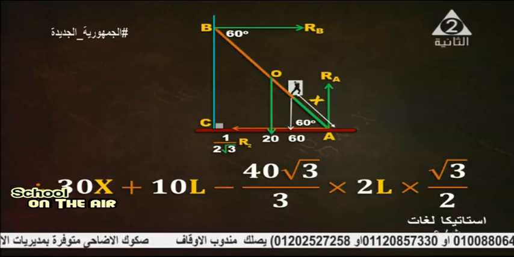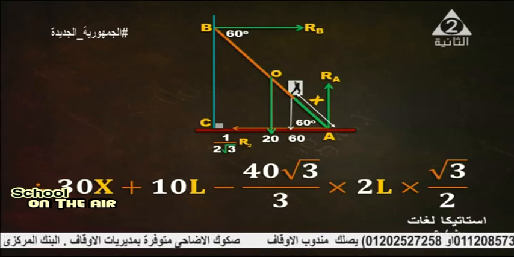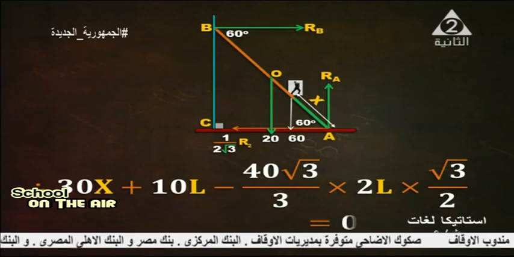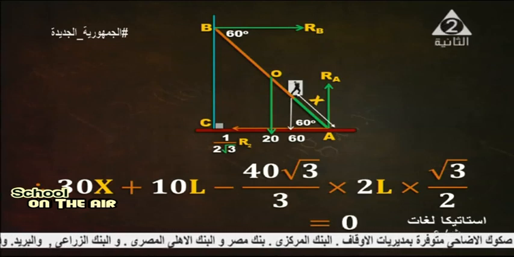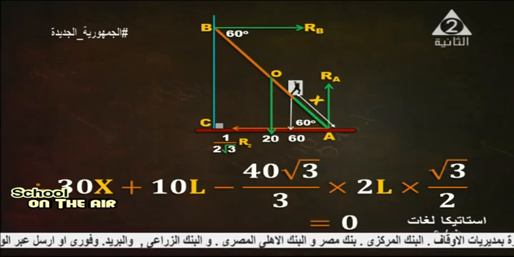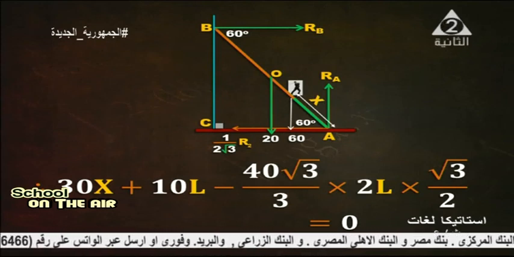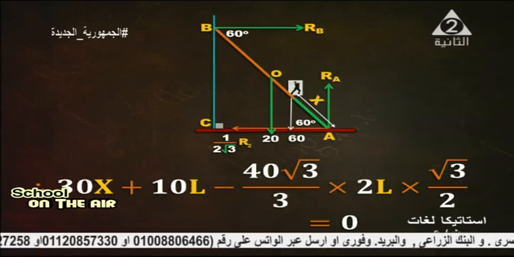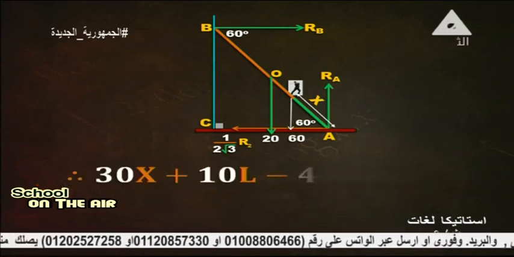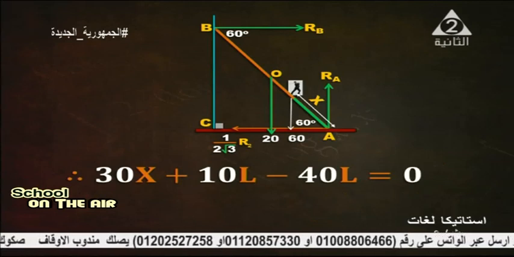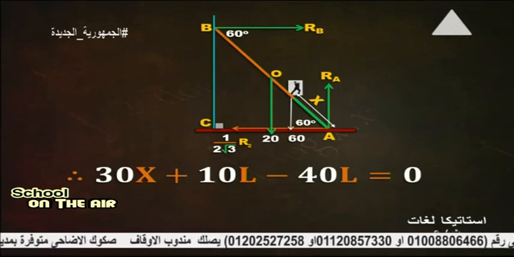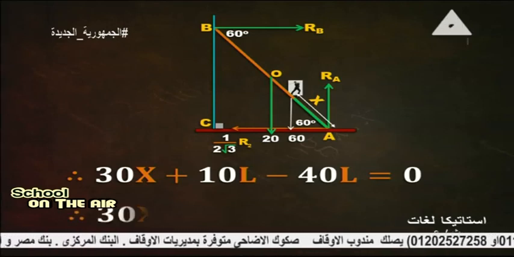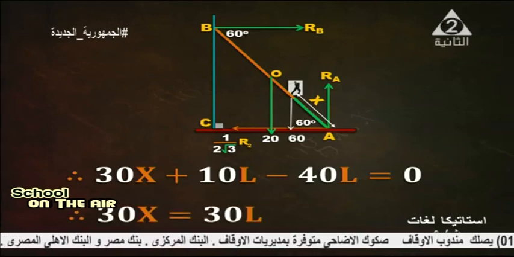Therefore, to calculate the relation between x and L: 30x plus 10L minus 40 root 3 over 3 times 2L times root 3 over 2 must equal 0. We have an equation in two unknowns, x and L. We must find the relation between x and L. Therefore, my dear student, 30x plus 10L minus 40L equals 0, or 30x equals 30L.